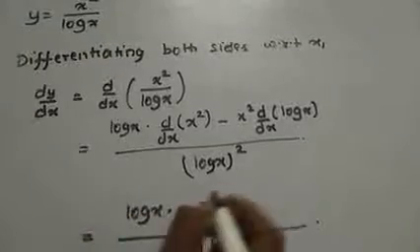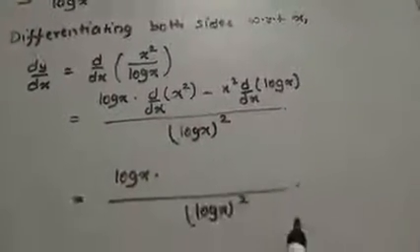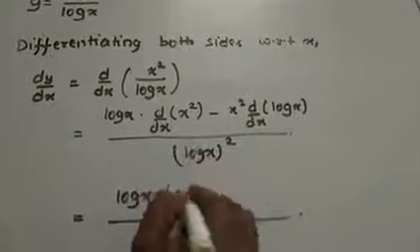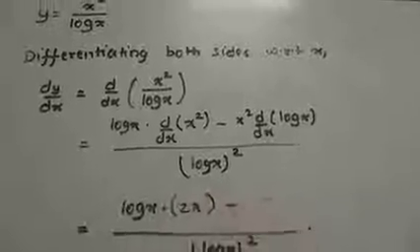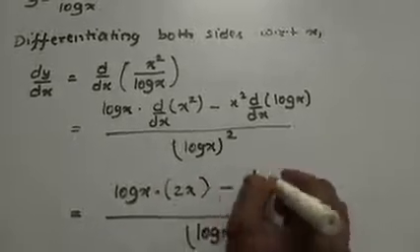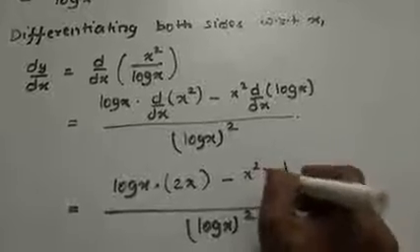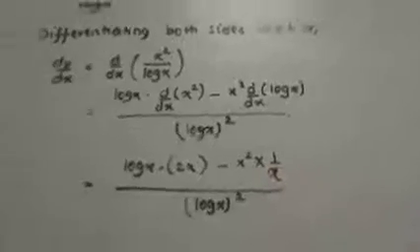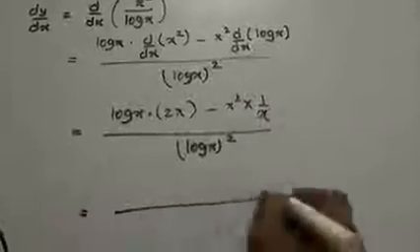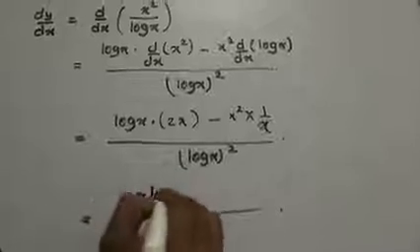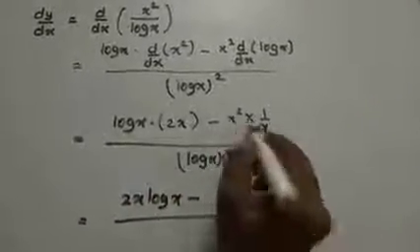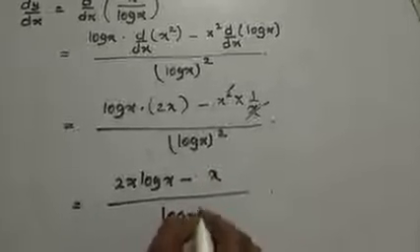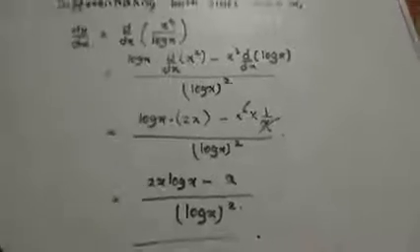Now d dx of x square, using formula number 1, we can write 2x, minus x square, and d dx of log x, formula number 3, 1 by x. So now just simplifying. 2x log x minus, and I have x square by x, so we can cancel one x. So it remains x, divided by log x whole square.